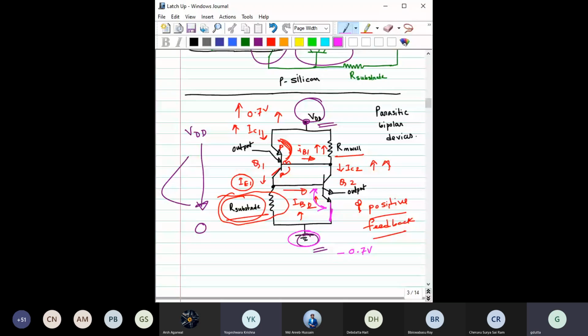This makes this PN junction forward biased, that will increase this IC2, this IC2 will increase IB1, then again the whole scenario will come into the picture. So latch up could have occurred because of a sudden spike in VDD as well as in the ground. Any rail sudden spike can create the latch up issue in a CMOS inverter, right?